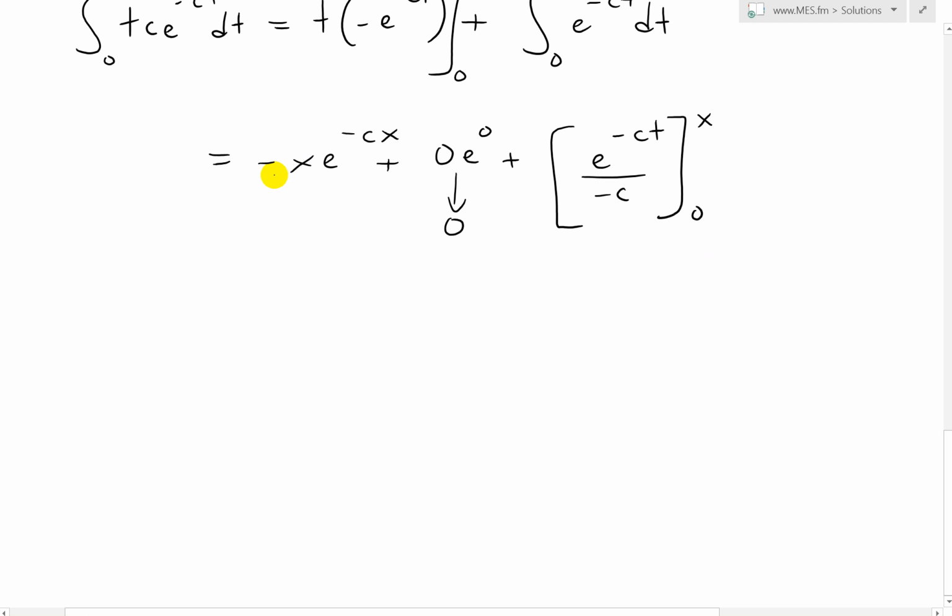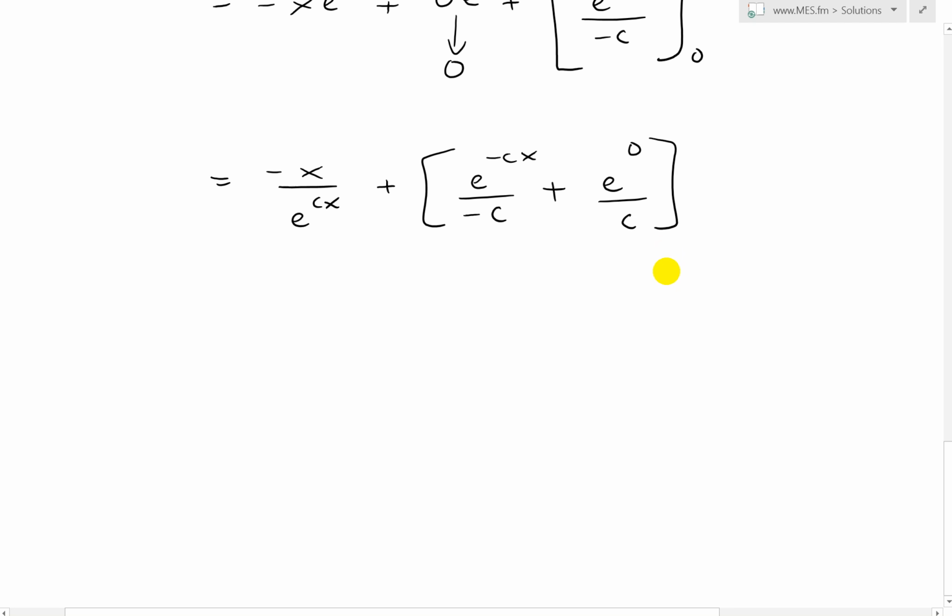So this goes to 0, and now plug in the x: e to the negative cx over negative c, and then subtracted by, but there's already a negative, so put a plus. Put in the 0, e to the 0, and t is 0 times anything is 0. The negative is already canceled, so it's just divided by c.